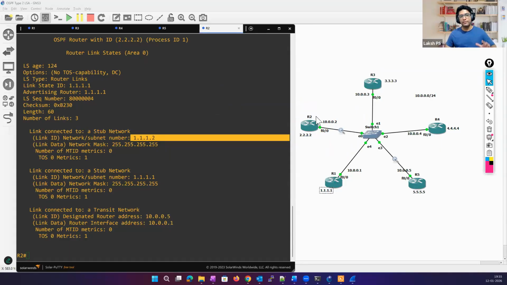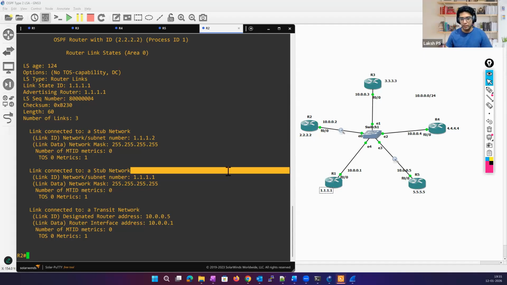I know OSPF is a long topic and it has been dragging on for a long time, but this is absolutely necessary for you to understand the concept of OSPF and to have a great base and foundation, so that when advanced concepts are taught, you are able to understand them clearly. It is also necessary to clear interviews.